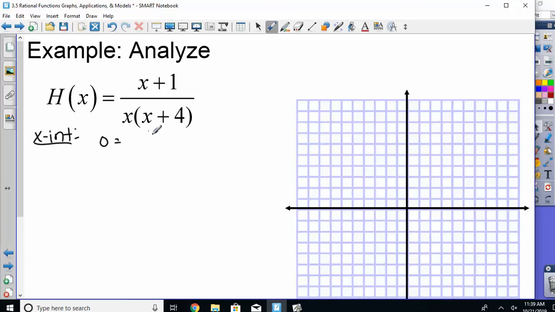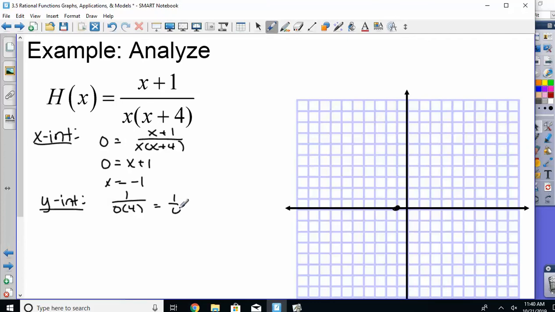So either way you want to do it. So you should get -1 for your x-intercept. Y-intercepts, you plug in a 0 for all of your x's. If you do that, you get 1 over 0 times 4. 1 over 0, that means there is none.